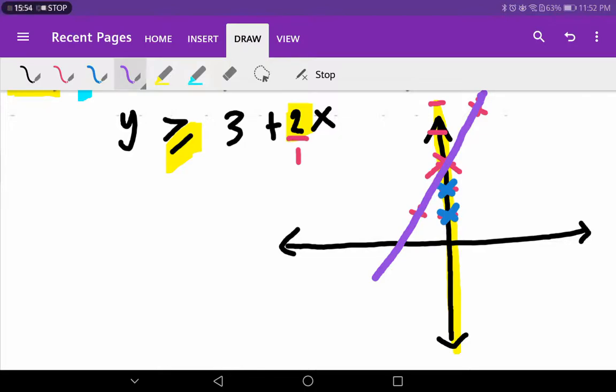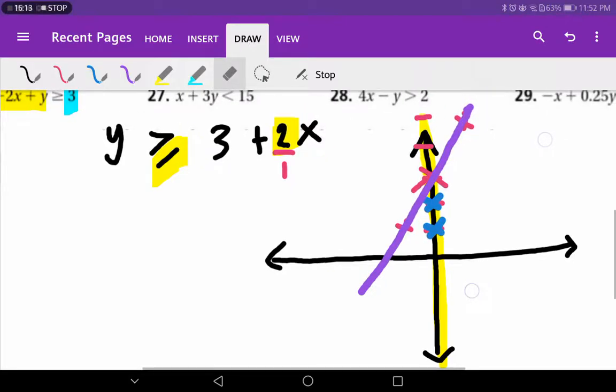Y greater than whatever here. So y greater than, where is the upper side of this line? Clearly it is here. Yes, this is the upper.